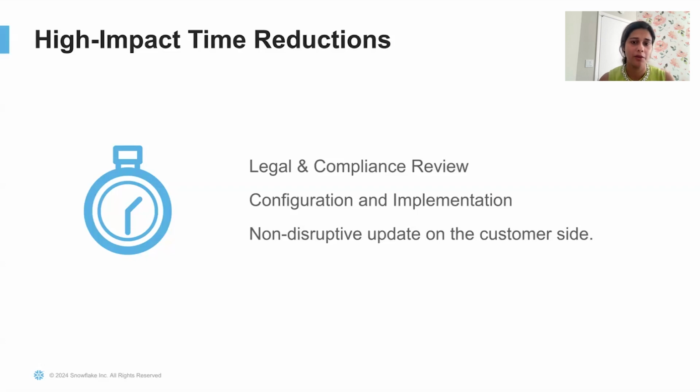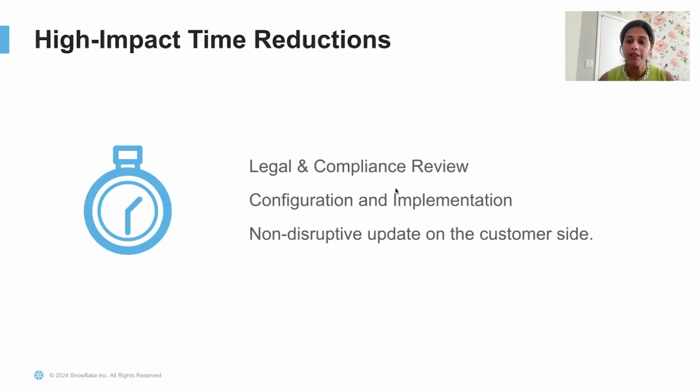The second category where we reduce this timeline is around configuration and implementation. The infrastructure configuration, the traditional setups, the huge headache of building the entire infrastructure, configuring tenancy, all of that is a very cumbersome process and again can go beyond a month as well. With Snowflake native applications, this process is very streamlined. It can almost come down to 1 hour to 1 day, depending on your application complexity.